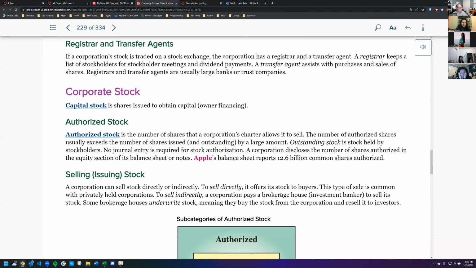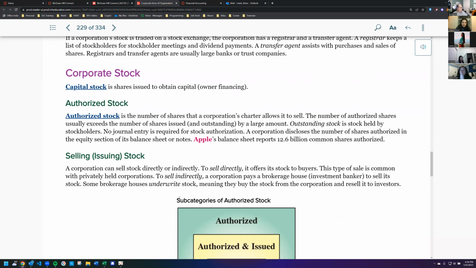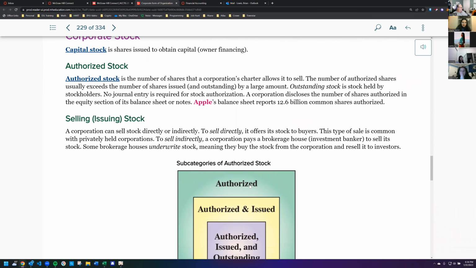To sell indirectly, the corporation sells it to brokers, who underwrite the stock. Okay, well, I stand corrected then. From my standpoint, issued and outstanding are a little different, but okay.